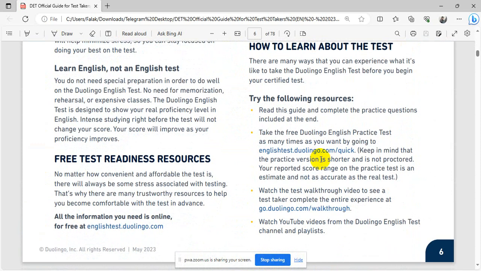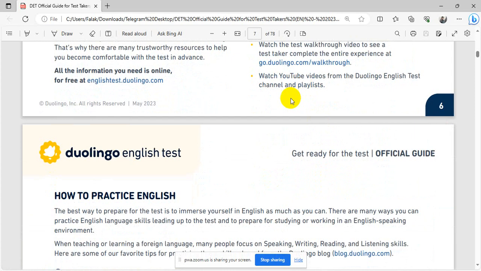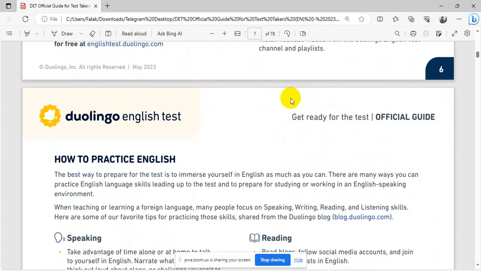We also spoke about the free test readiness resources that you can access, their website, and some YouTube videos or videos from other websites where you can watch people taking the test. All of these resources can help you so much in getting ready for the test. The next topic is how to practice English.